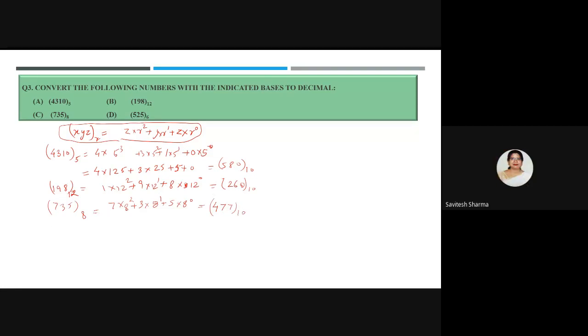So is there anyone who is unable to understand how I am calculating the decimal equivalent? I hope everyone now understands how to apply the expansion formula for any base r. Everyone is okay? Just say yes.